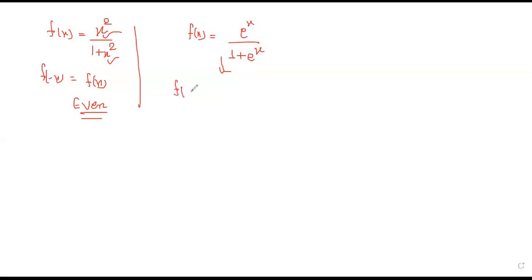f of minus x will be e raised to power minus x divided by 1 plus e raised to power minus x. It will be 1 by e raised to power x divided by 1 plus 1 by e raised to power x. It will be 1 by e raised to power x plus 1.